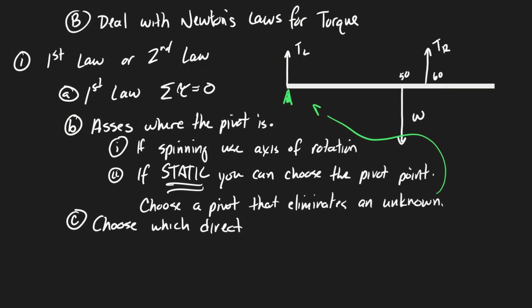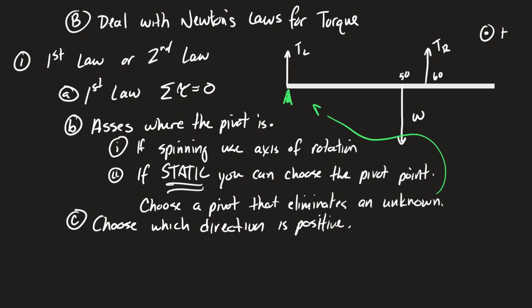Like anything else, choose which direction is positive. Do you want into the board to be positive or out of the board to be positive? You just have to pick one. It's an arbitrary decision like choosing whether up is positive or negative. I'm going to choose out of the board is positive. This means counterclockwise is positive and clockwise is negative.